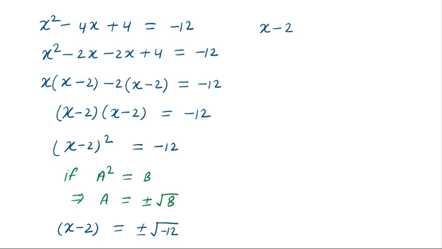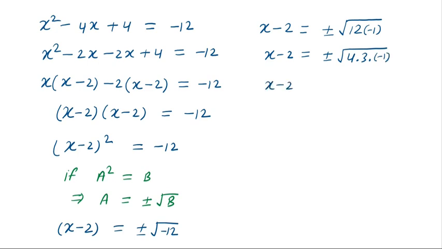Then x minus 2 is equal to plus minus square root of minus 12, which is the same as 12 times minus 1. We can write this 12 as a product of 4 times 3 times minus 1.